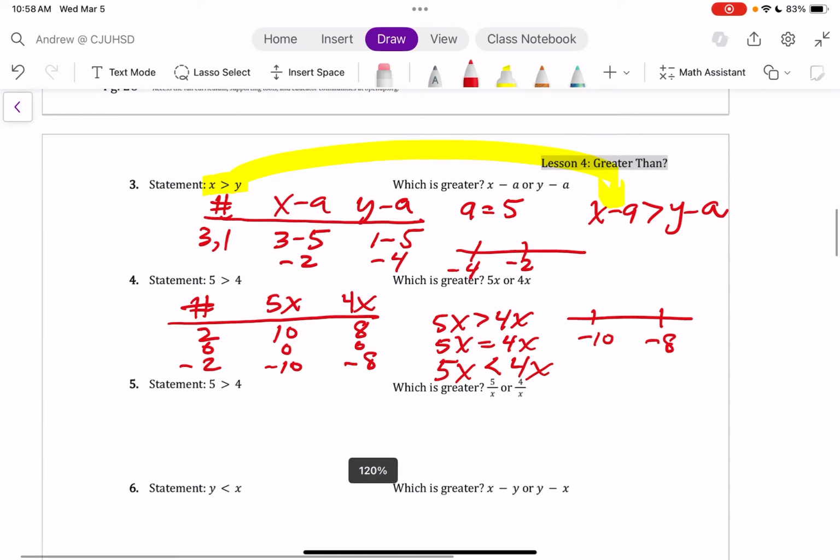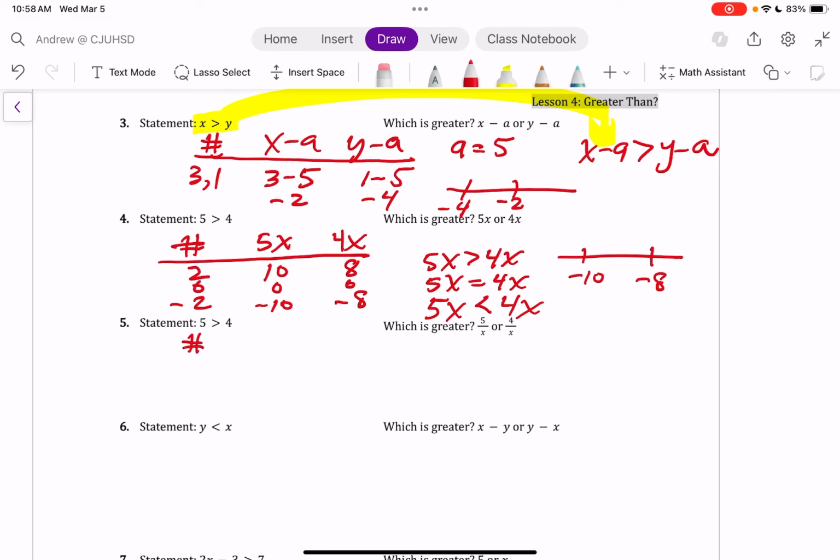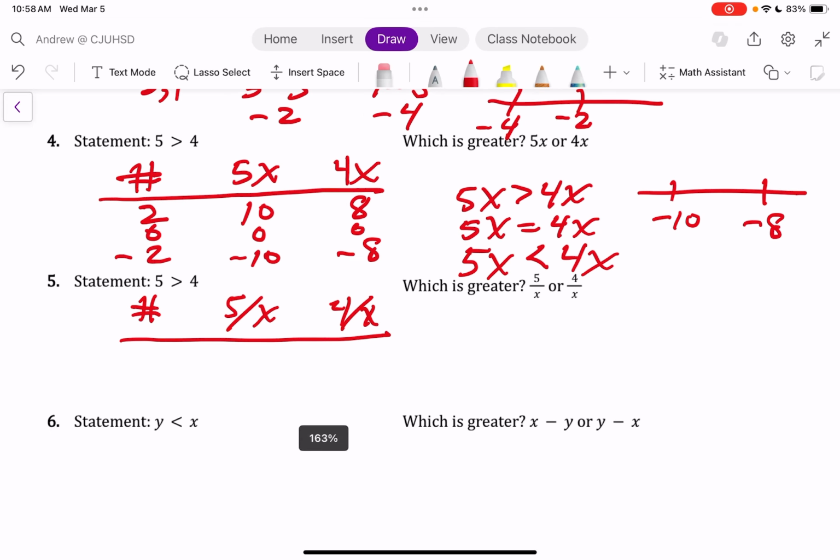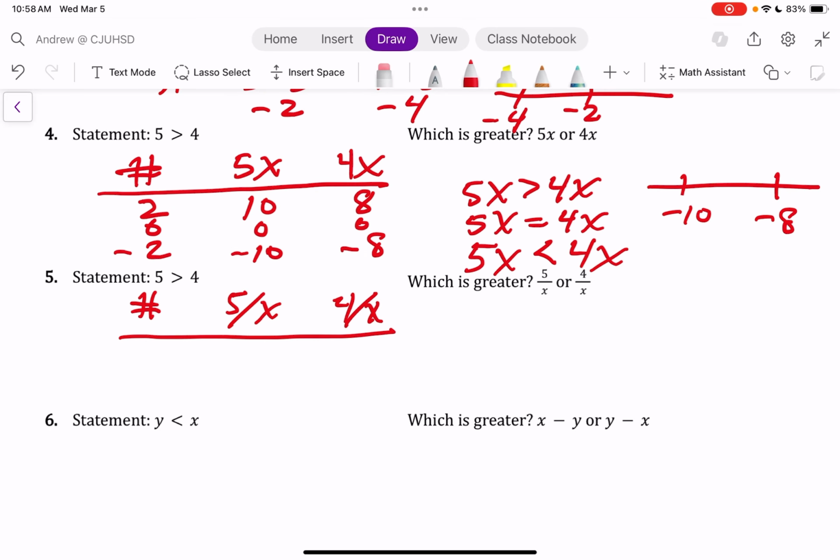And then we're going to do it with division. The number 5 divided by x and 4 divided by x. If the number is, I'm going to choose 20 because it's the multiple of 5 and 4.